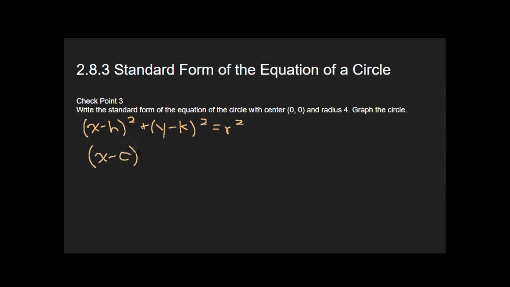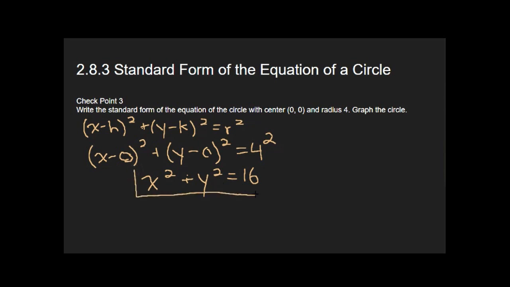X minus 0 squared plus y minus 0 squared is equal to 4 squared. And then we can simplify. X squared plus y squared is equal to 16. And this is the equation in standard form for this circle.